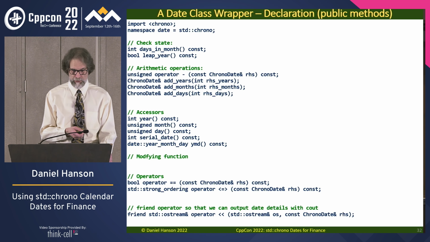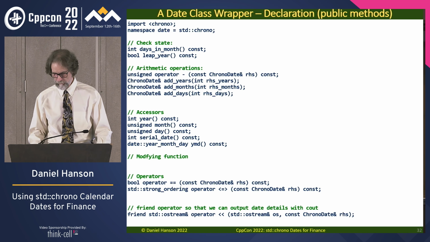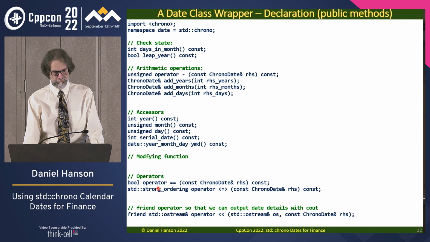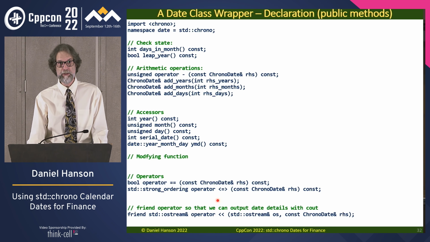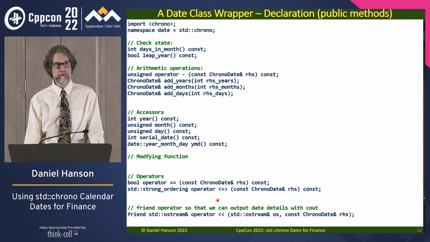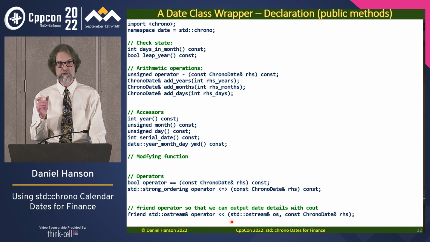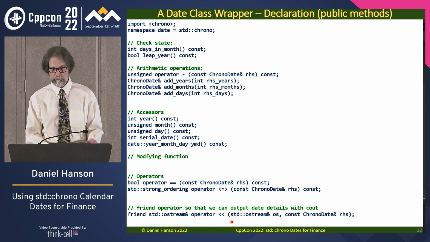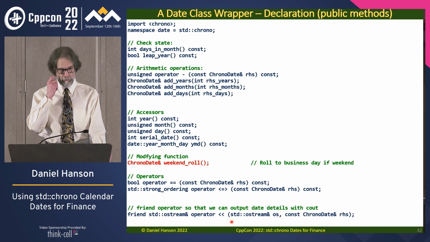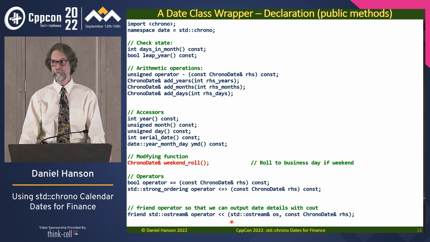A couple of things here, though. The equality operator and the spaceship operator are already implemented on the year, month, day class. So it's just a matter of wrapping those. So that's no problem. And also there's a stream operator, and we can do the same thing. So you can output dates to the screen. The one thing that we need to do is implement this weekend roll function.